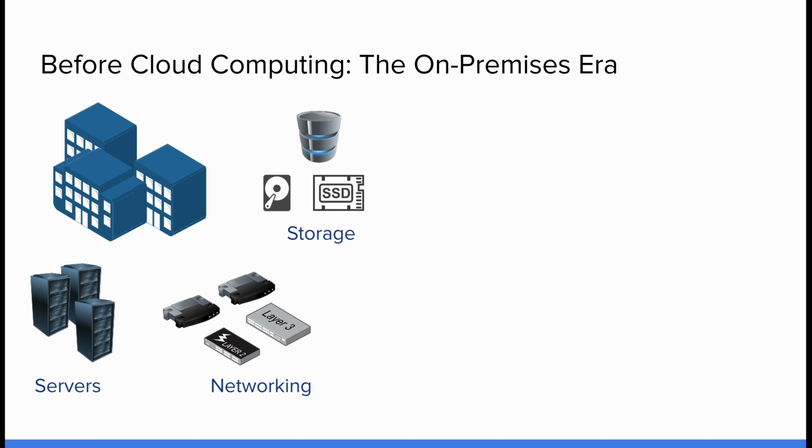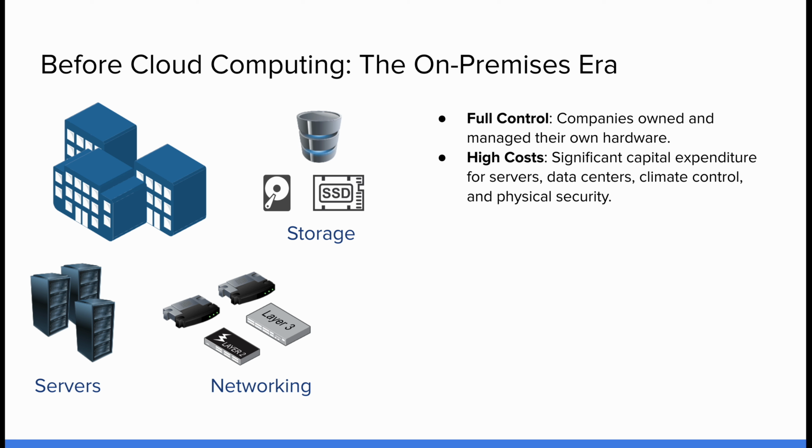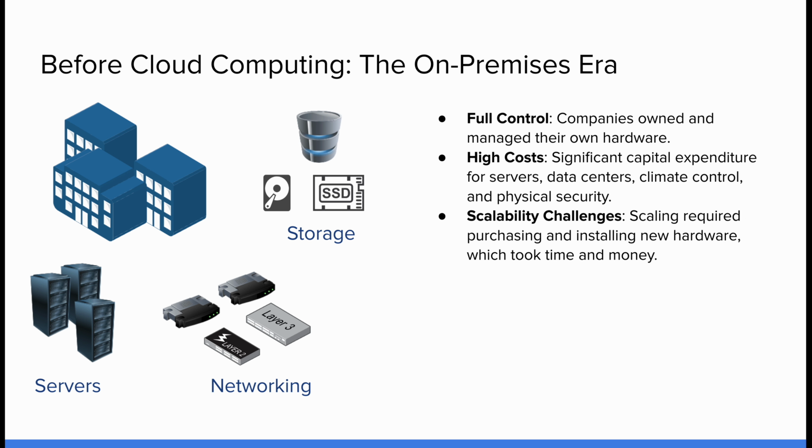On-prem systems provided full control, but they came with significant challenges. The costs for companies included not only purchasing hardware, but also investing in data center infrastructure like climate control and physical security. Scaling could be slow and costly. Every time demand increased, new servers had to be purchased and installed.